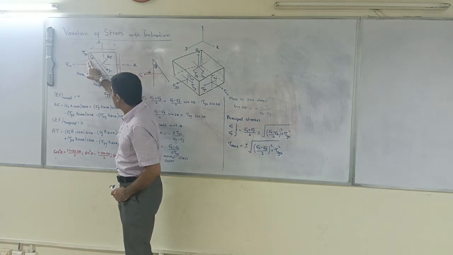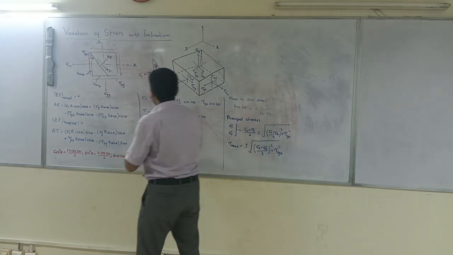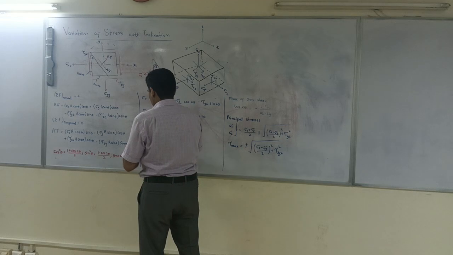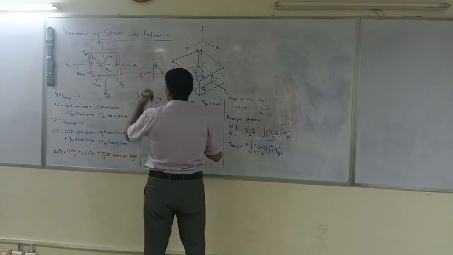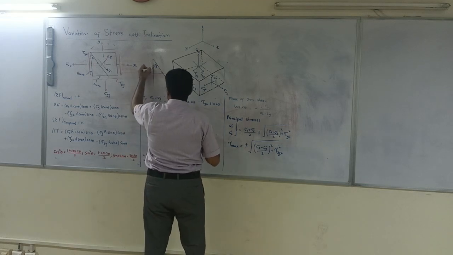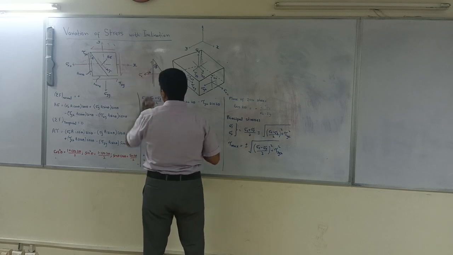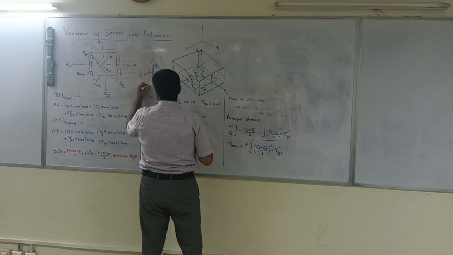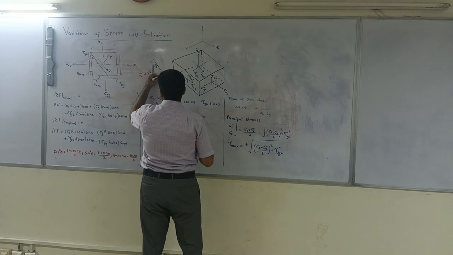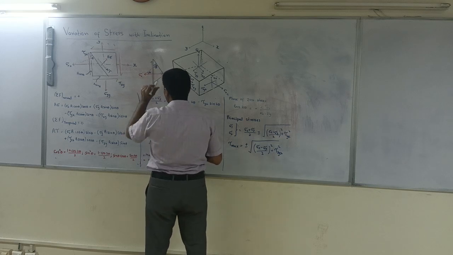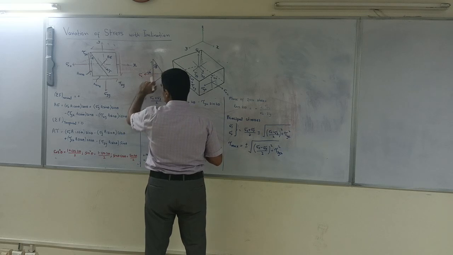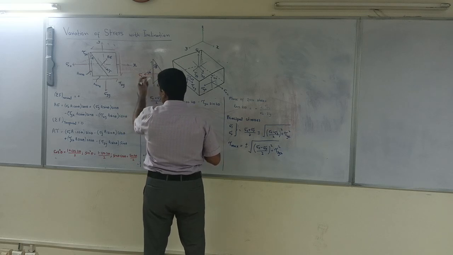How about tau yx? Tau yx is in this direction. So again we have to take the component in the normal direction.